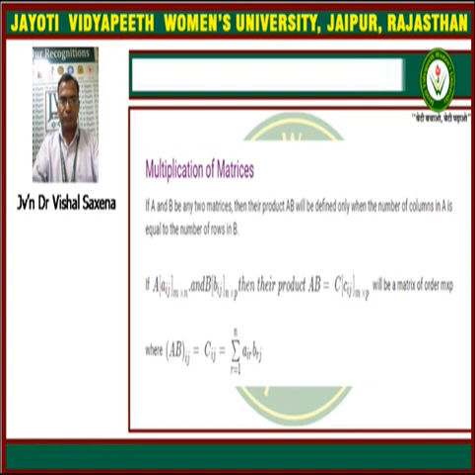So their product is written by AB ij, which is equal to Cij. C is any notation for the resulting matrix of product, and this is equal to summation Air Brj, where r is from 1 to n.